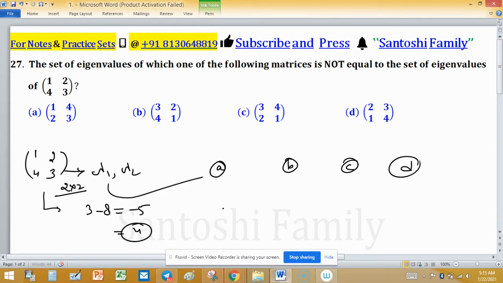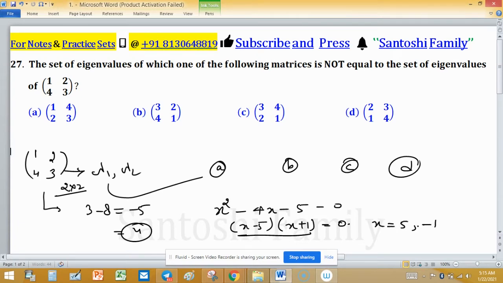So its characteristic equation will be x square minus trace, which is 4, x plus determinant, which is minus 5, equal to 0. Its factors will be x minus 5 and x plus 1 equal to 0. These two factors imply that x equal to 5 and minus 1 are the eigenvalues for this matrix.